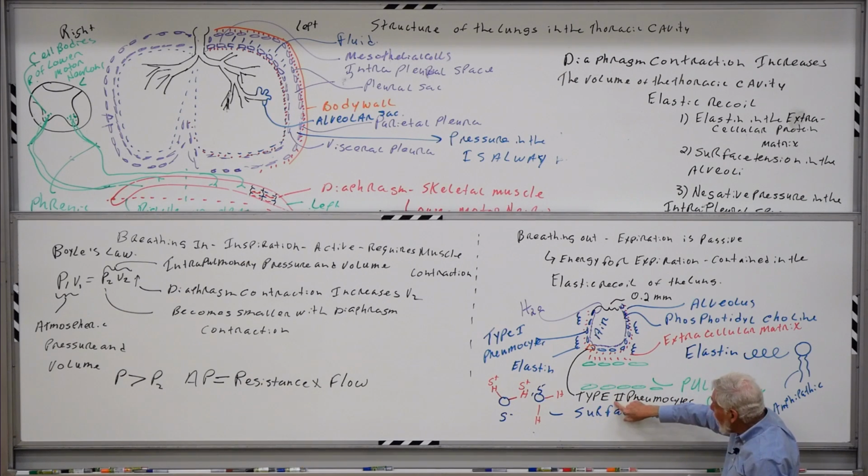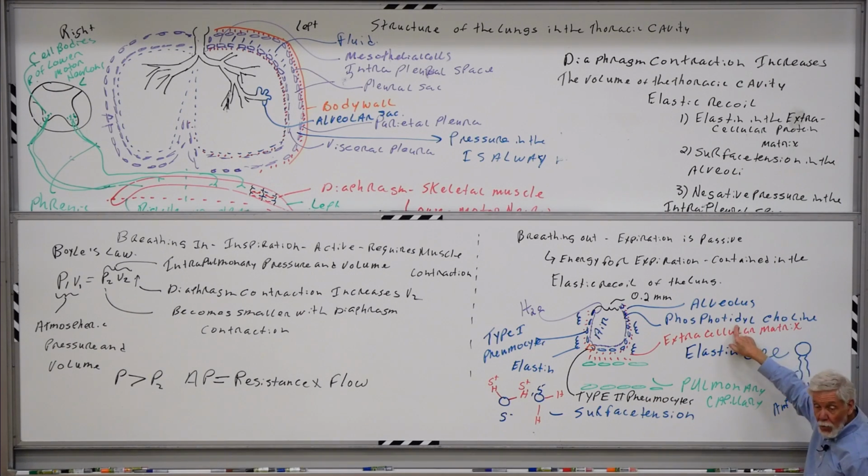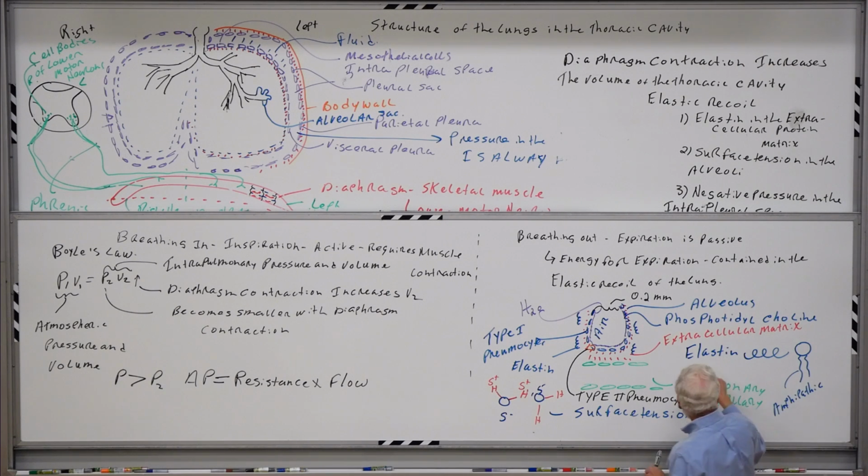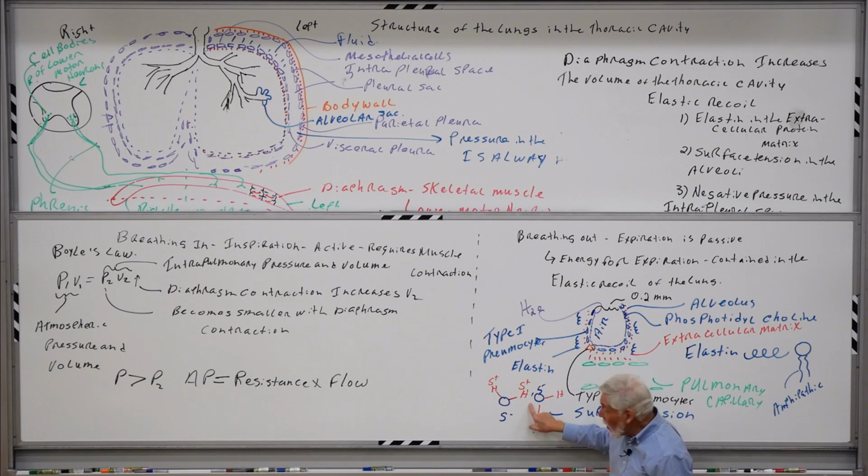The function of the type 2 pneumocytes is to secrete these amphipathic molecules, mostly phosphatidylcholine. And why is that important? What it does is these molecules of phosphatidylcholine can have their charged head groups interact with the water molecules. And their tails will then come down here and interact with other water molecules.